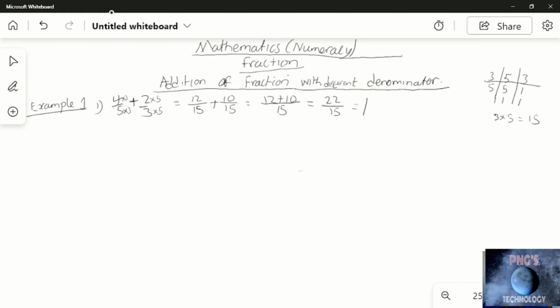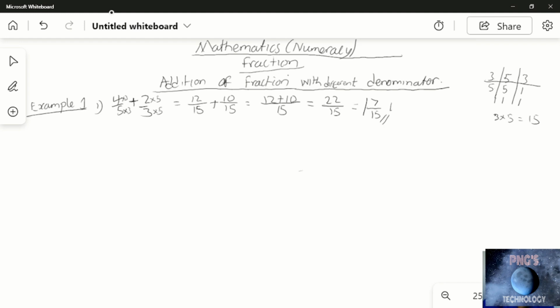From 15, count to 22: 15, 16, 17, 18, 19, 20, 21, 22. So we counted an extra 7 numbers. So the remainder is 7 all over our denominator 15. And that's our answer.